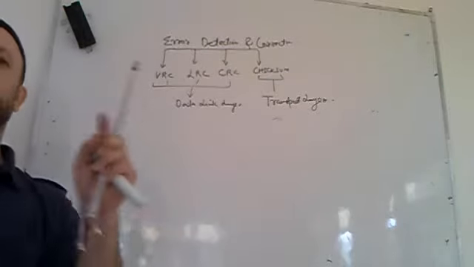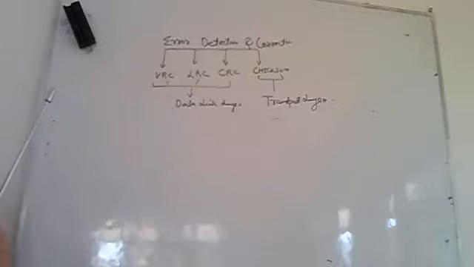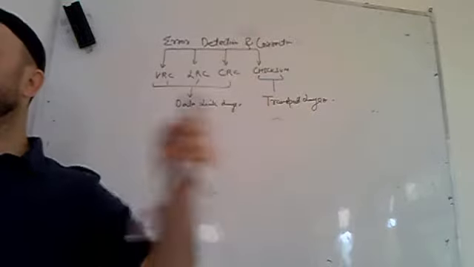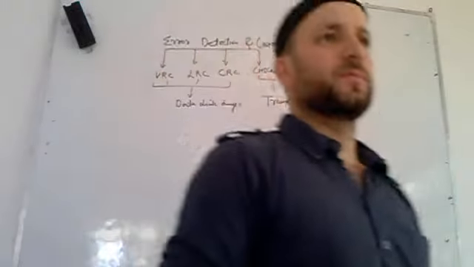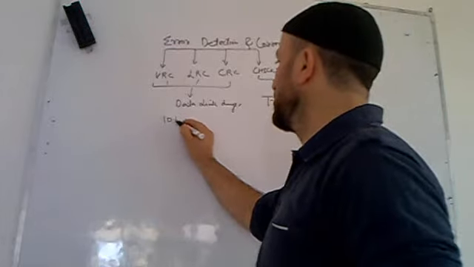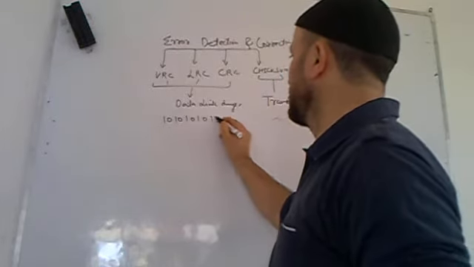For example, we have 88 bits of data, and we divide them into rows and columns. Okay? For example, my data to be sent is 1 0 1 0 1 0 1 0 1 1 1.